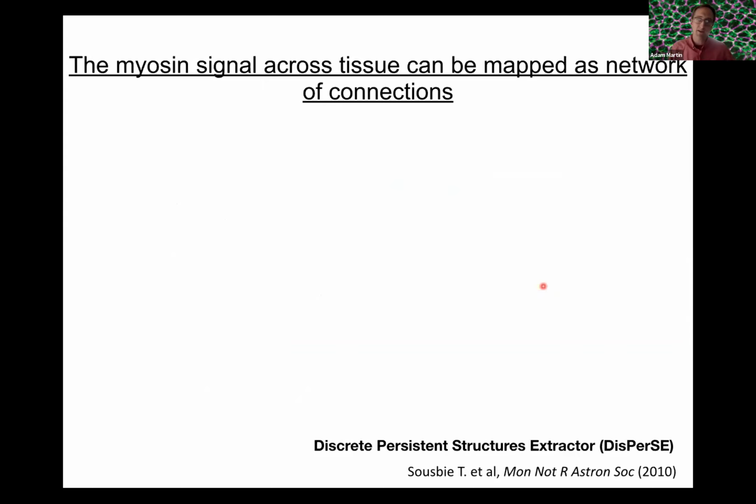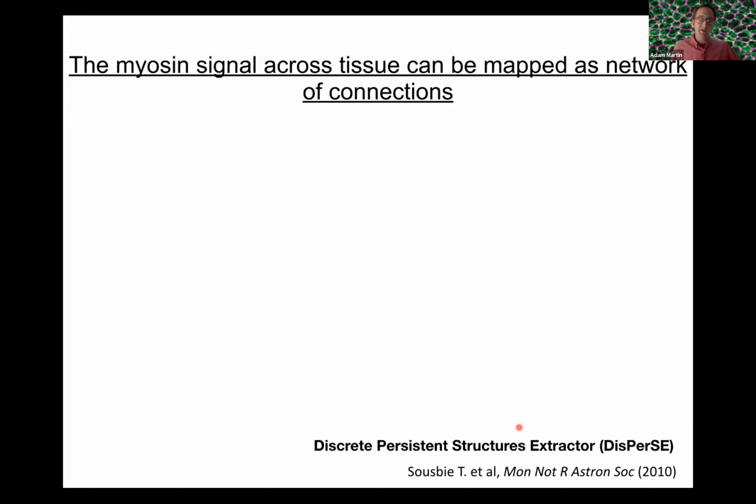So Hannah Yevik in my lab got an idea from Jorn Dunkel, who suggested we use this algorithm known as DisPerSE, which is an algorithm that was used in cosmological research to basically map the filamentous structure of dark matter in the universe. But it's a technique that's topological and based on Morse-Smale theory.